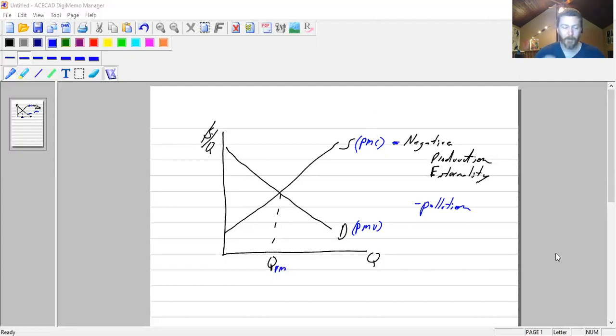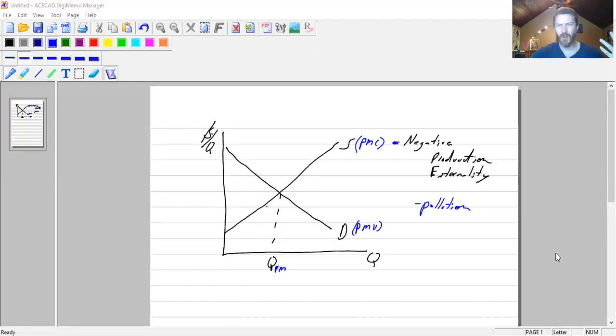But now the key in this example is there are other costs, right? Associated with this good, there are other costs out there that we're not accounting for in the market. Consumers are just looking at their own benefits that they receive directly. Producers are just looking at their own costs that they incur directly.